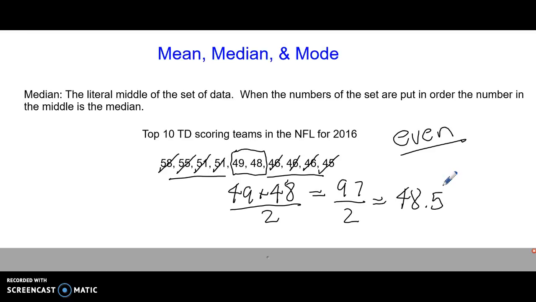So the median number of touchdowns scored by the top 10 scoring teams in the NFL for the year 2016 is 48 and a half. You'll notice that's a whole touchdown less than the mean we calculated. So we can see that the median and the mean, while measures of central tendency, are not always going to give us the exact middle. So now let's take a look at the mode of our set of data.